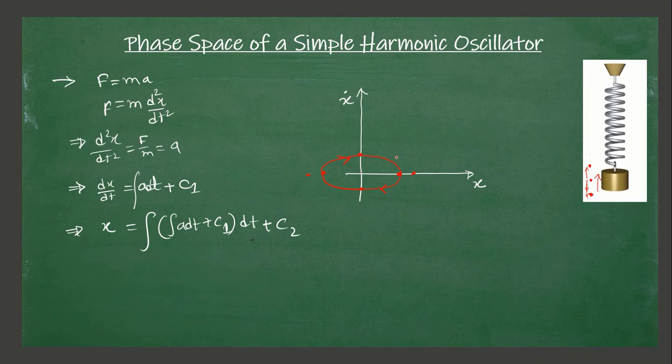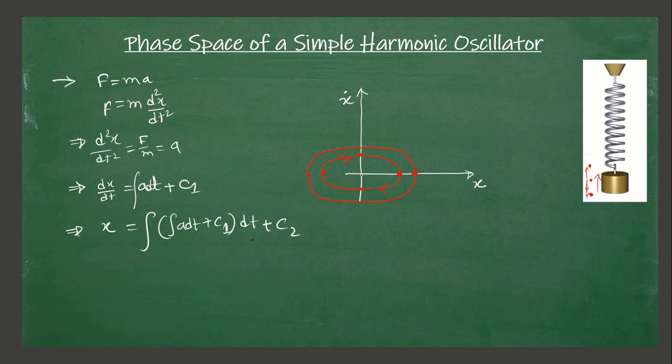Similarly, if you evaluate all the points, you will get a trajectory like this, which will again be an ellipse, but it will be equidistant from the previous ellipse. What this means is that if you specify an initial condition, say this was our initial condition for this ellipse, and for the previous one, this was the initial condition, it gives you a unique trajectory in the phase space.